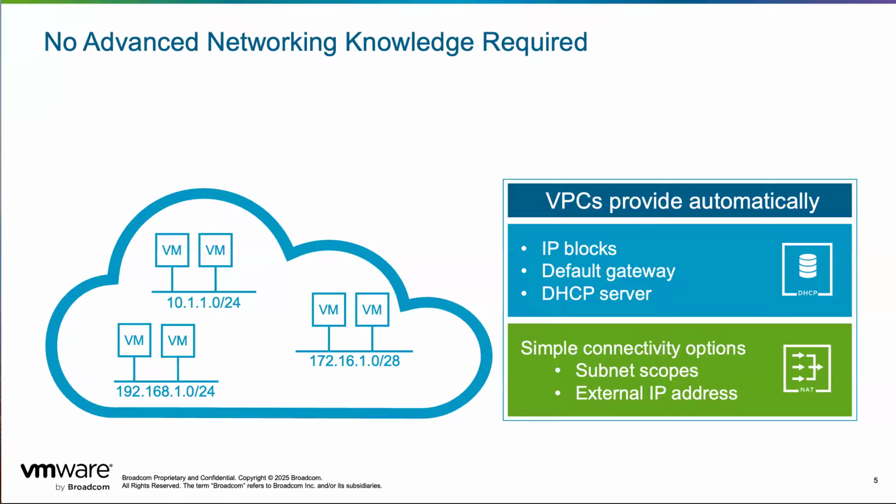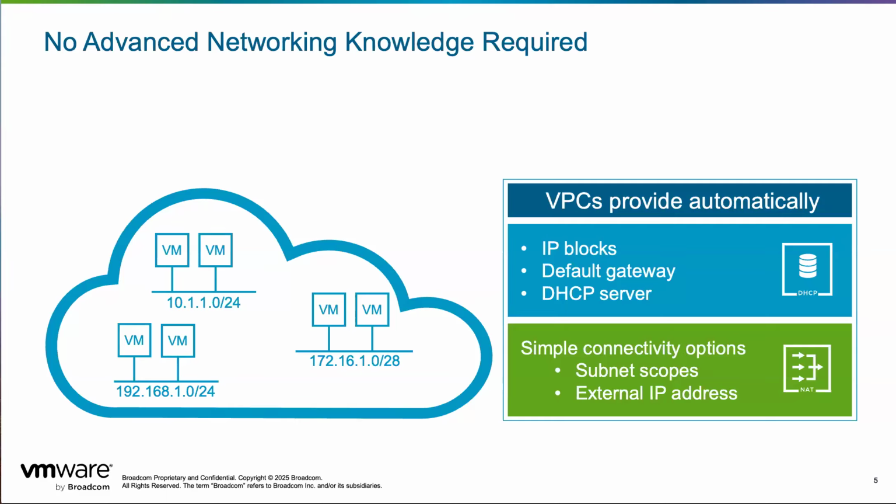So we're trying to do as much as we can in the back end so that it's almost plug and play for them. So VPCs will automatically provide the IP address, the subnet if you want, of those subnets, the IP blocks that they will use. It will configure a default gateway, a DHCP server if you want to.